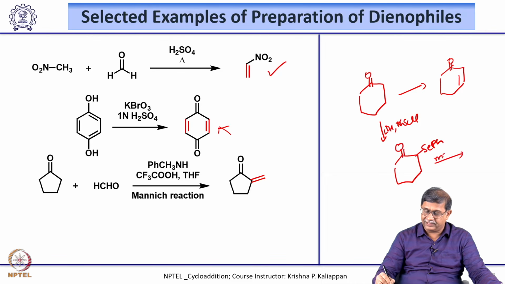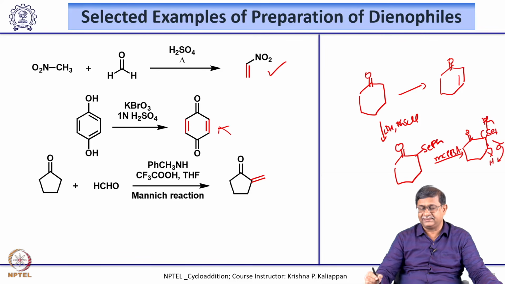Now if you treat with mCPBA or any peracids, it can undergo oxidation of selenium to form the selenoxide, and that can undergo elimination of phenylselenenic acid to form the double bond or to introduce the double bond. So now this can act as a good dienophile. Now the double bond is inside the ring.